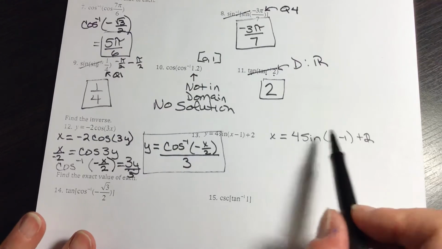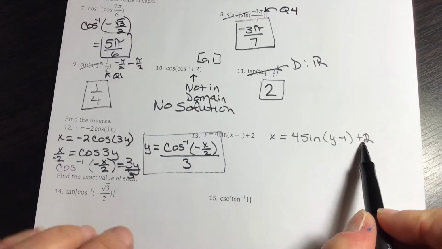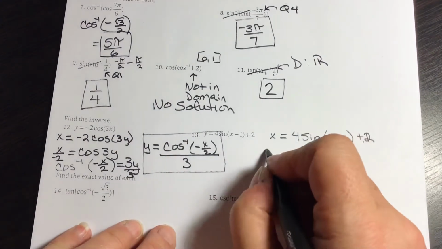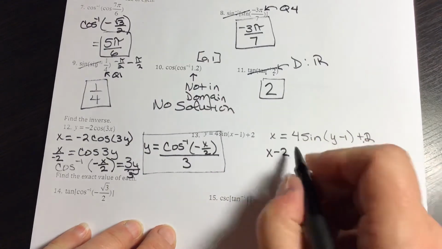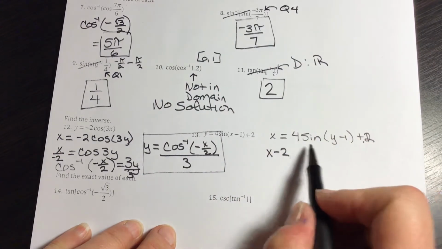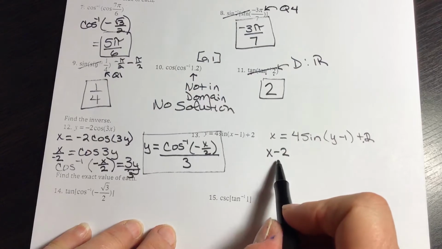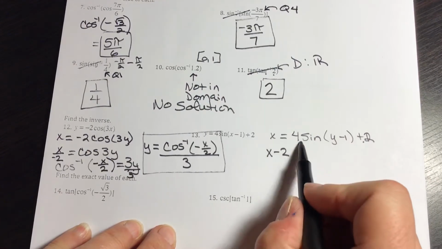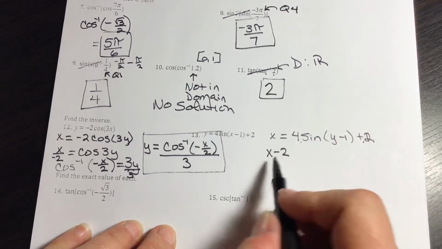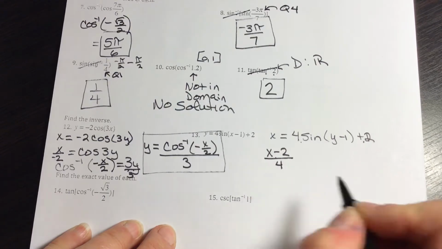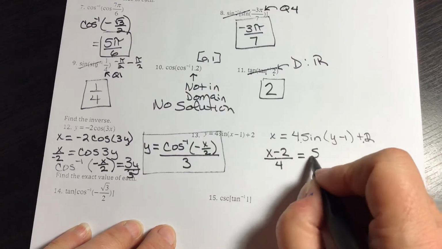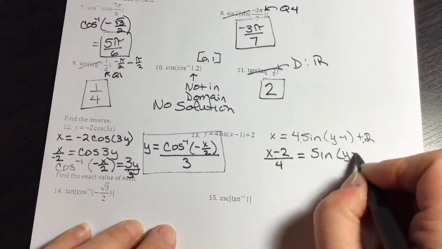So first thing I have to do is undo this plus 2. So I'm going to subtract 2. And in the same step, I'm going to also divide this by 4. So I subtracted 2, now I'm going to divide all of this by 4, and that's going to equal sine of y minus 1.